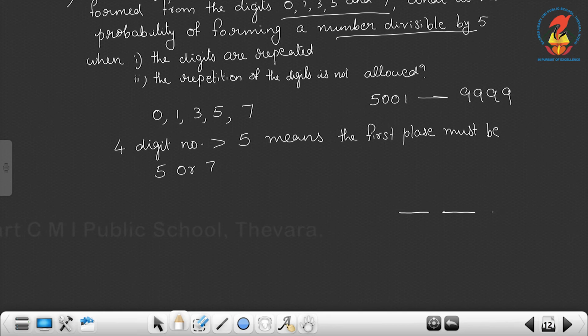For a 4-digit number with first place 5 or 7, in how many ways can we fill the first place? This can be filled in 2 different ways, isn't it? We must use either 5 or 7. No other case is possible in the first place.